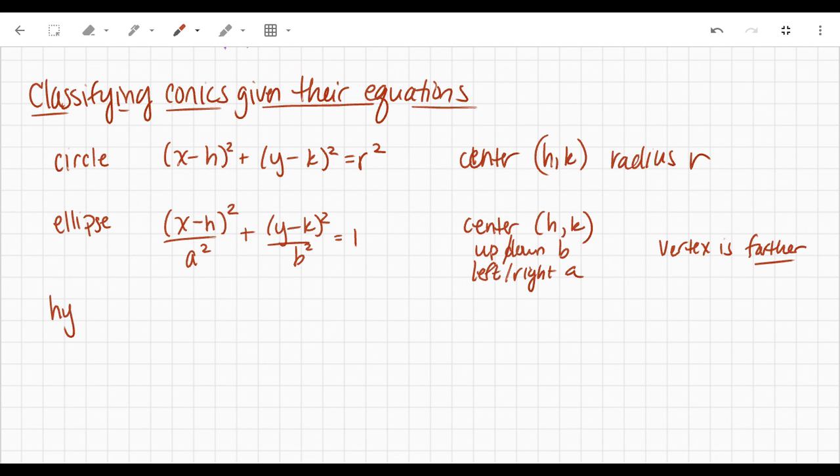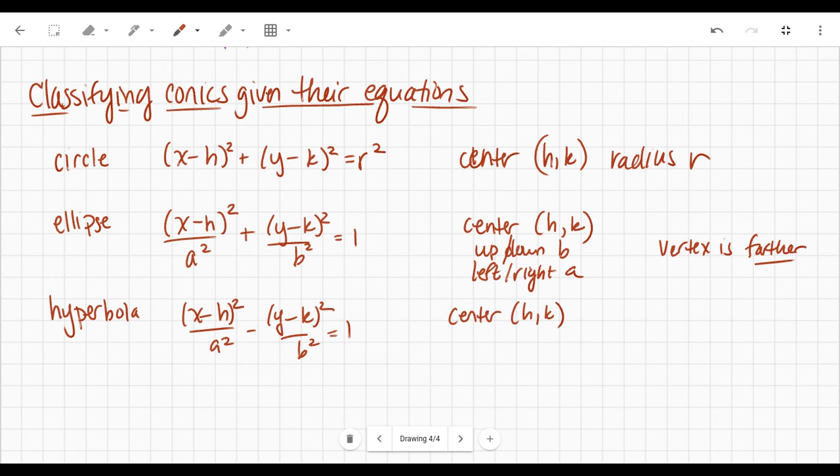Your hyperbola is almost the same thing. The center, again, is at h, k, and I'm not even going to write it: you go left, right, a, up, down, b. Depending on whether x is first, we know that it would be like this. If y was first, it would be like this.